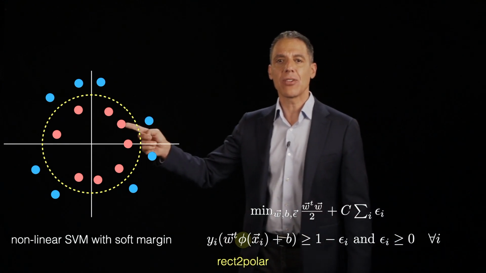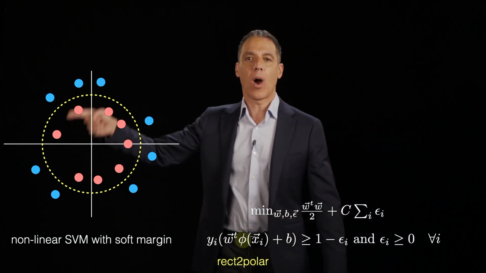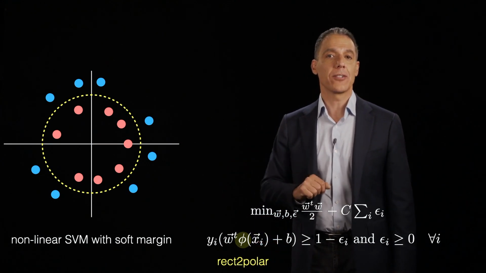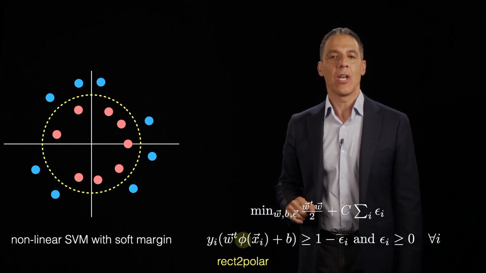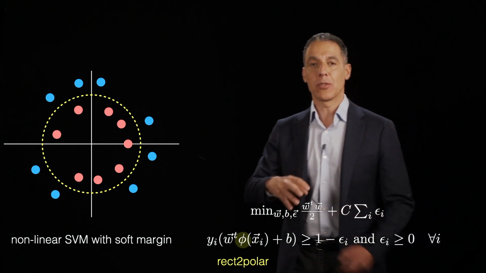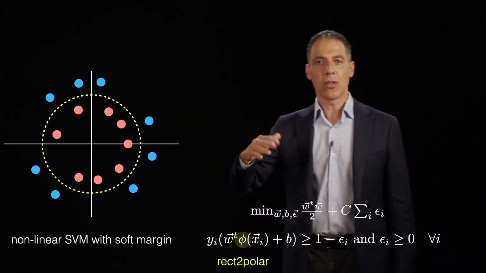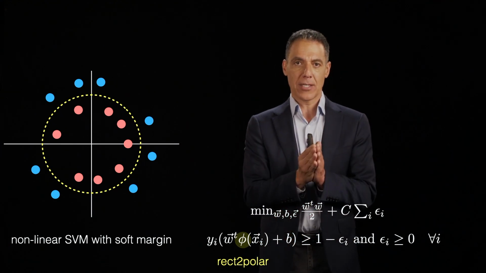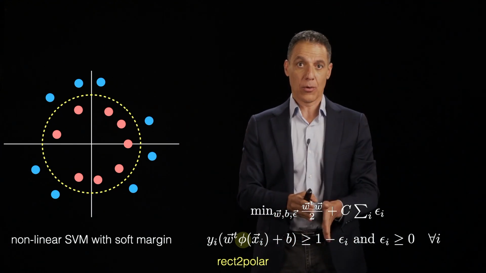Well, if I took this data, x, y, and converted it to, say, polar coordinates from rectangular coordinates, where I am now parameterized in terms of radius and angle, what would happen to this data? All the red dots would have a small radius, but spanning all the orientations.